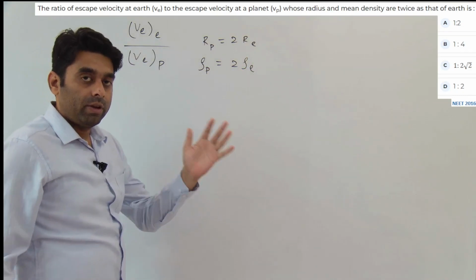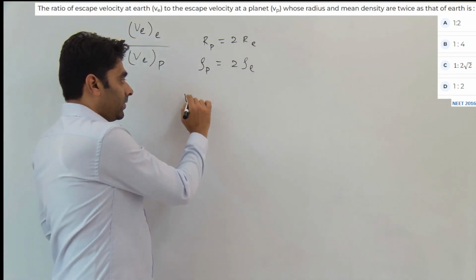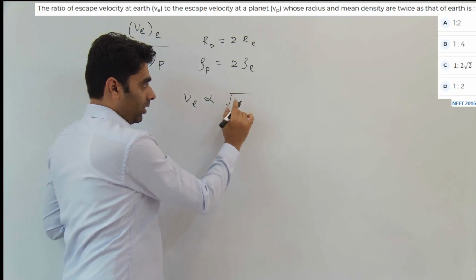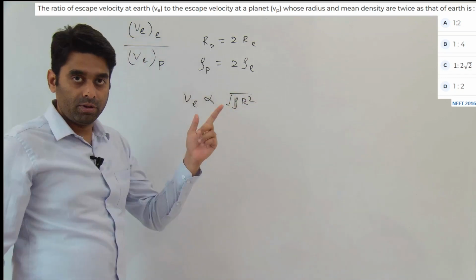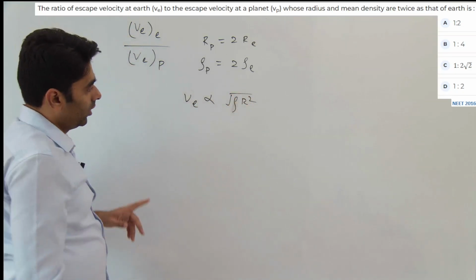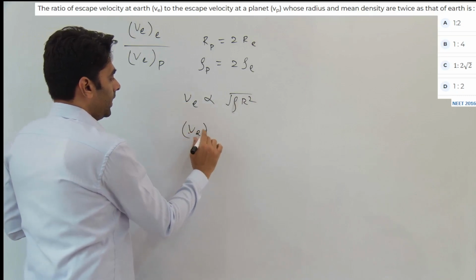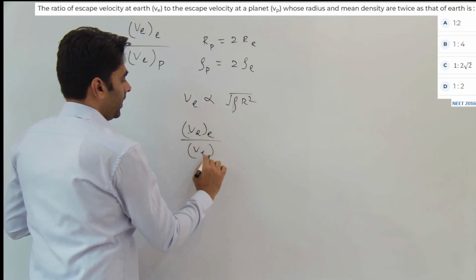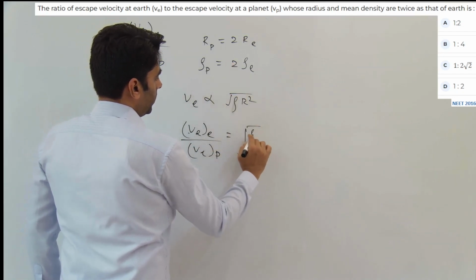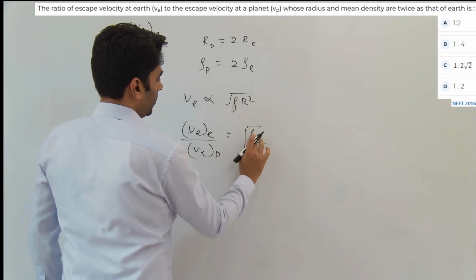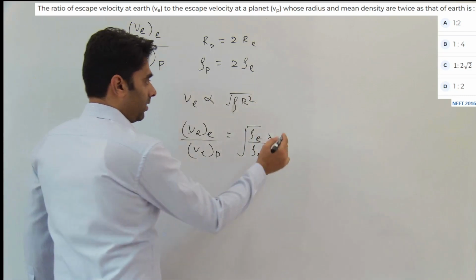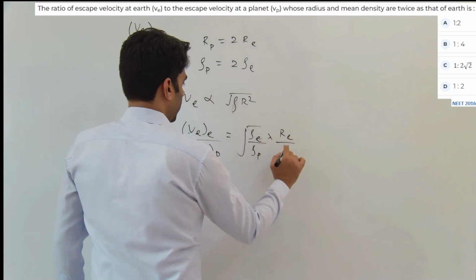Now beta, in previous questions in this video, you know that escape velocity is directly proportional to root over rho r square. We derived it in a previous question. So if we take the ratio, we can write escape velocity of Earth by escape velocity of planet equals root over density of Earth by density of planet, into root r square, which will be r only, so r of Earth by r of planet.